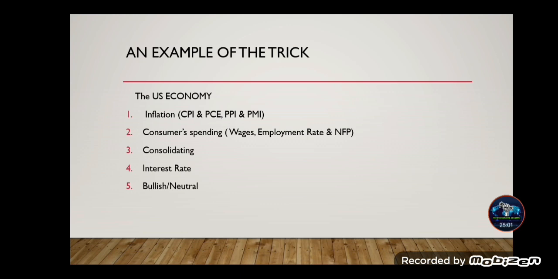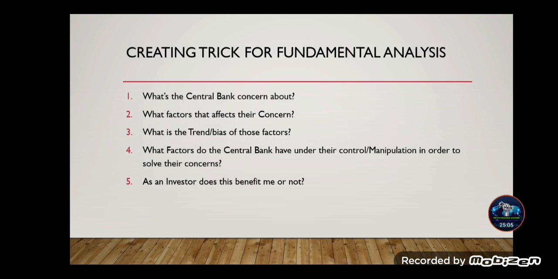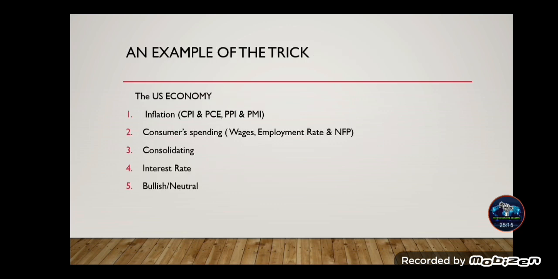That is consolidating. So the number 4 question, what factor does the central bank have under their control or manipulation in order to solve their concern? What is the power that the central bank has to control inflation?